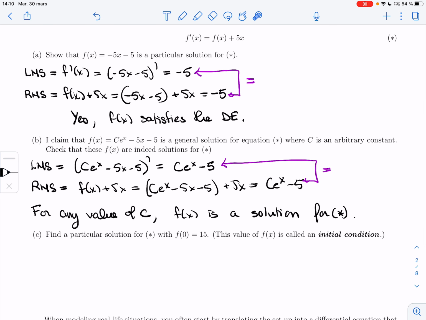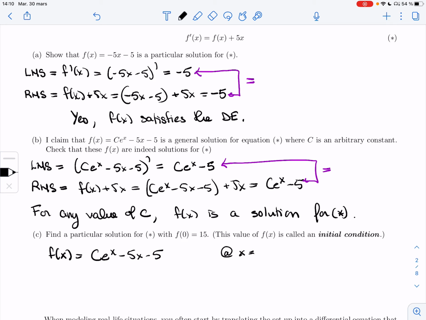Now I want to use this general solution to find a particular solution for the differential equation we have with f of 0 equals 15. Whenever we're given values like this, that's called an initial condition for the differential equation. I know that f of x will be c e to the x minus 5x minus 5. I just need to figure out what c is.